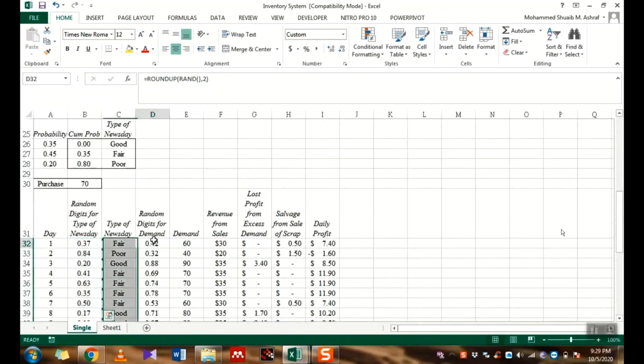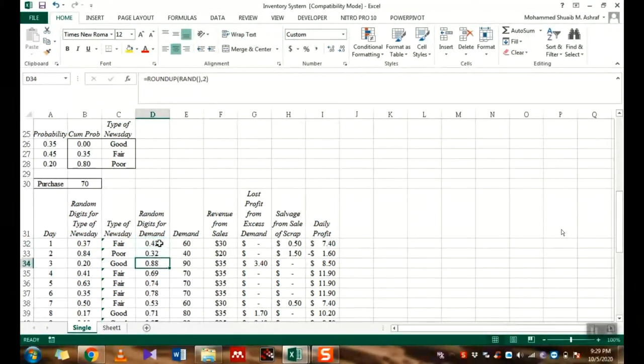Okay. Now, random digit for demand. See, in this newspaper seller problem, two things are random. The type of news day. News day can be good, can be fair, can be poor, and demand. Demand is also random. Someday can be high, can be low. For this, we use random numbers.